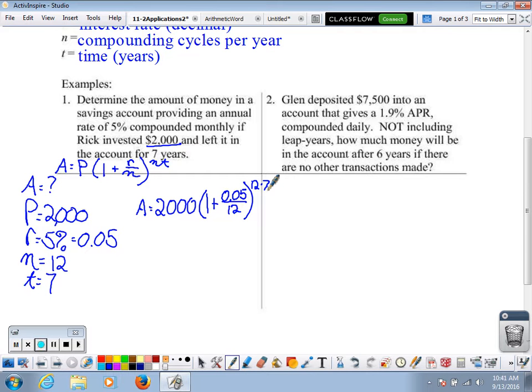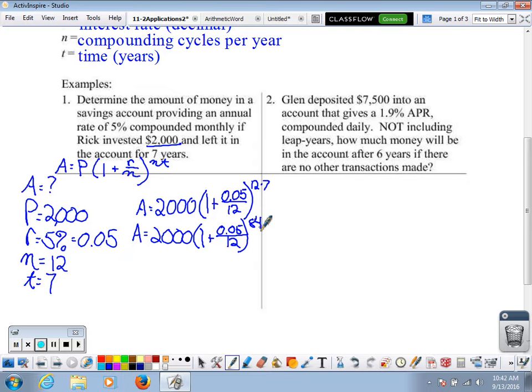If you can do anything in your head, simplify that part in your head. At the very least, we can simplify that exponent in our heads, and that's going to be 84. So we got at least a little bit simplified.